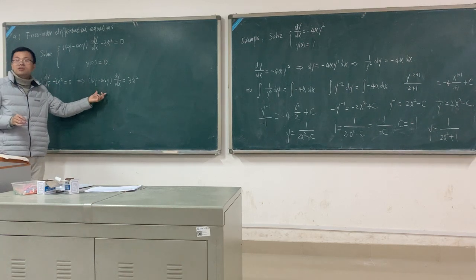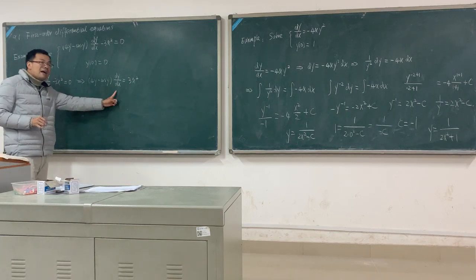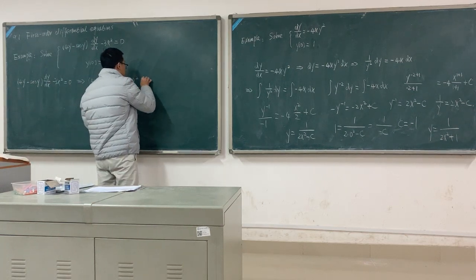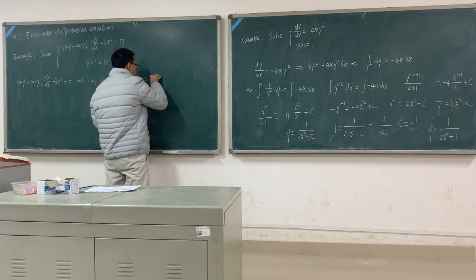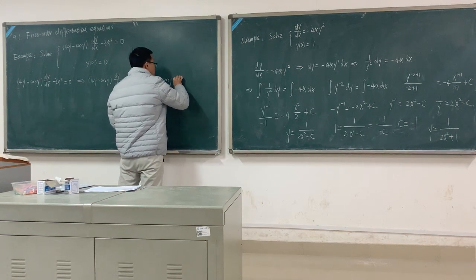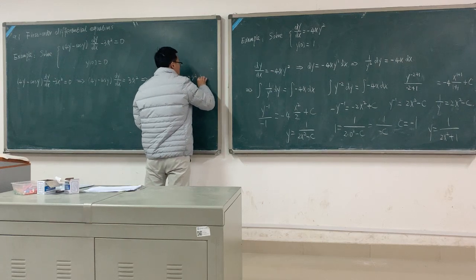Now we multiply by dx on both sides. So here we have 4y minus cosine y dy equal to 3x squared dx.